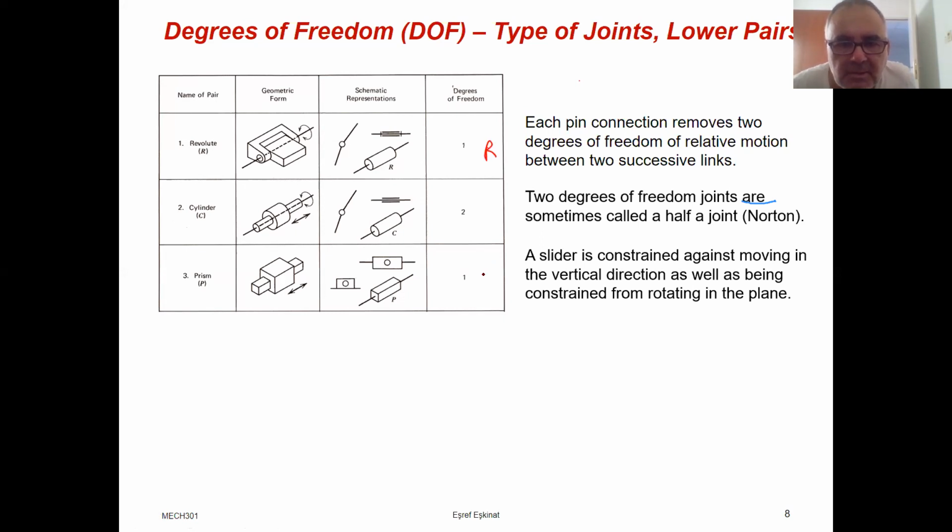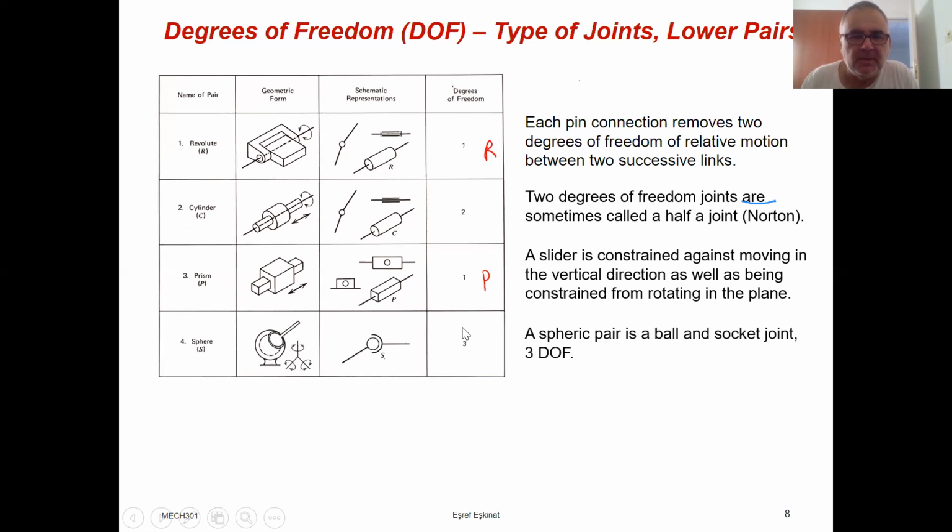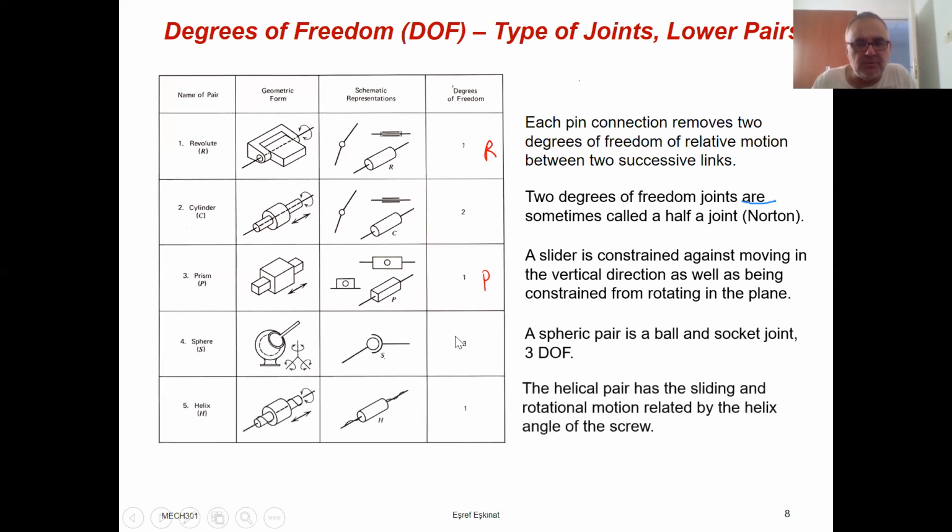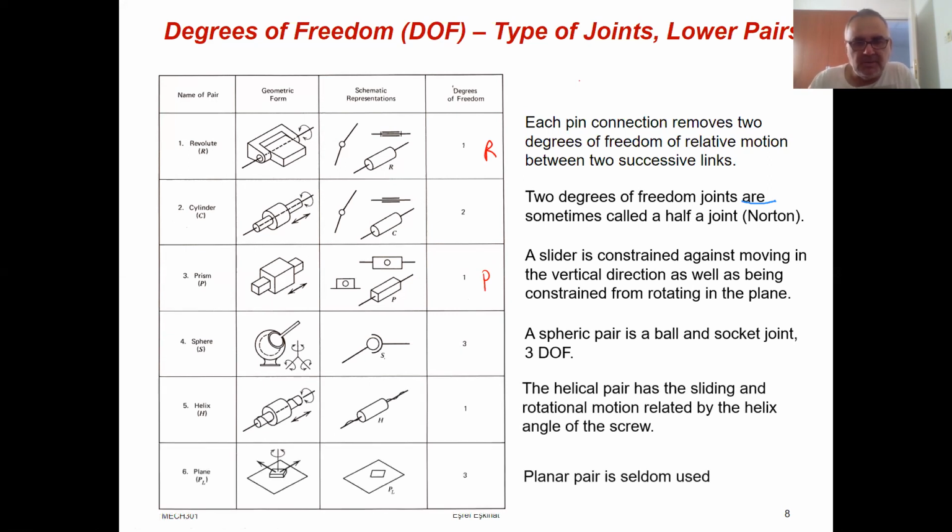In 3 dimensions, there is the spherical joint that has 3 degrees of freedom. Helix has 1 degree of freedom. And the plane, which is seldom used, has 3 degrees of freedom. Anyway, the most important ones are these, cylindrical. These are the lower pairs, lower type of joints.